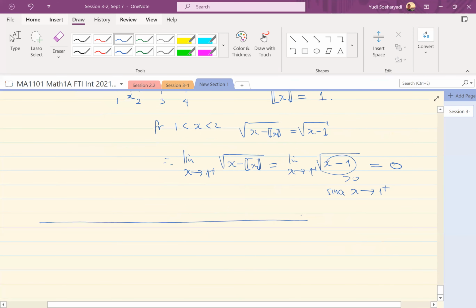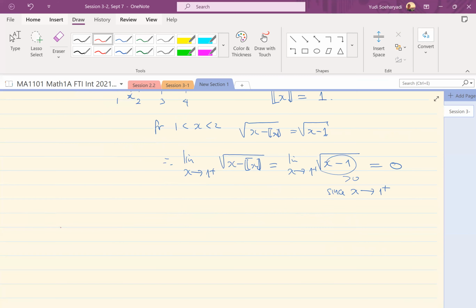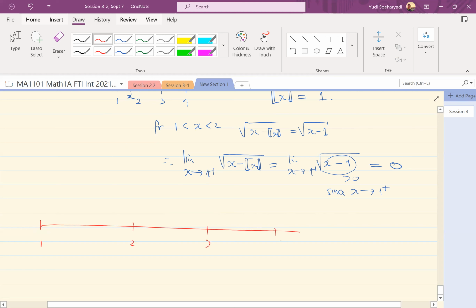Let me make this bigger and use a different color. Start from 1, 2, 3, 4.